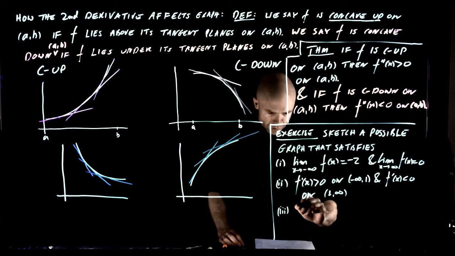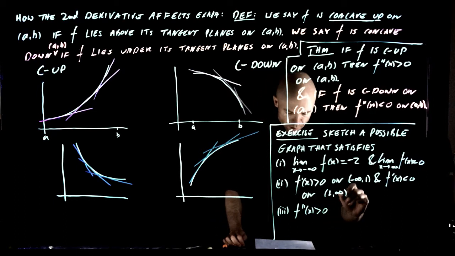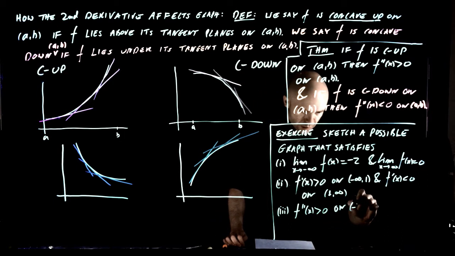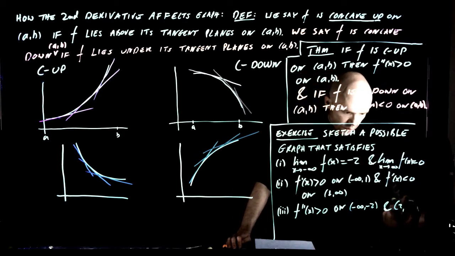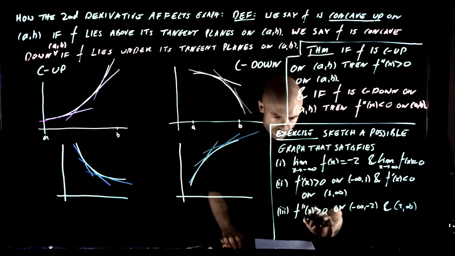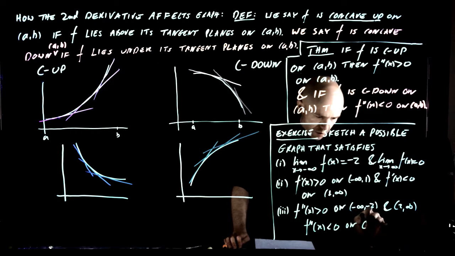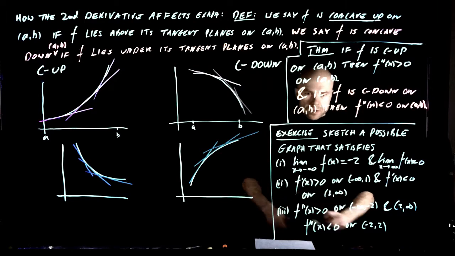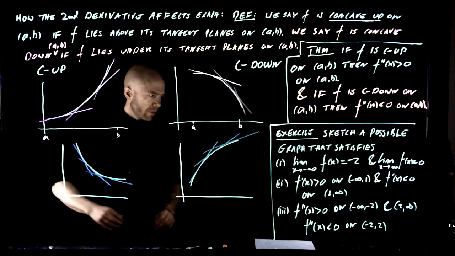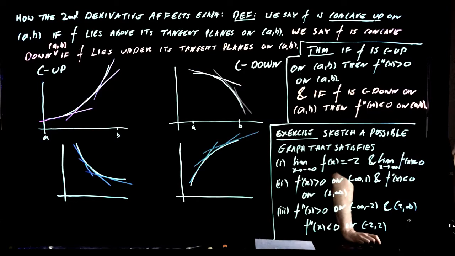And the third piece of information: the second derivative is positive on (minus infinity, minus 2) and on (2, infinity), and the second derivative is negative on (minus 2, 2). Okay, so let's try and make some space for these pictures here.